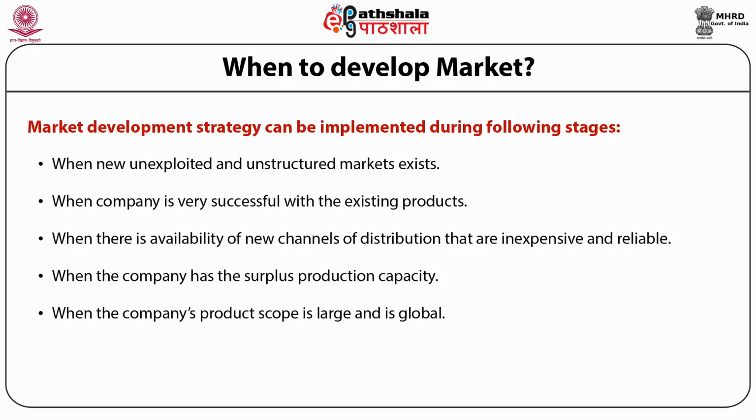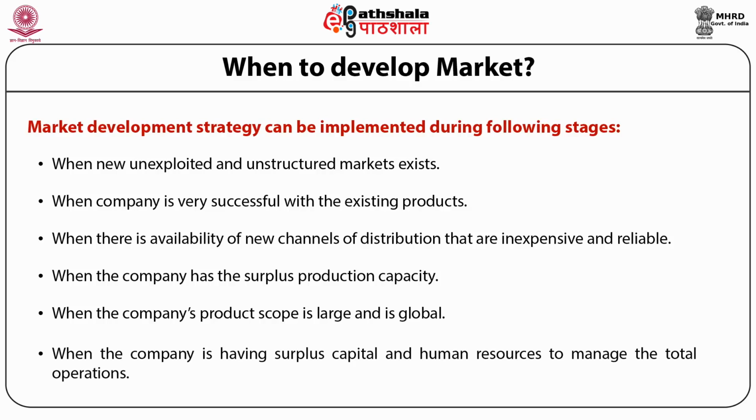And we have seen recently how innovatively they have tried to capture the Indian market space as well. When the company has surplus capital and human resources to manage the total operations, so if you have capital and people who can manage wider operations, market development becomes a logical choice.